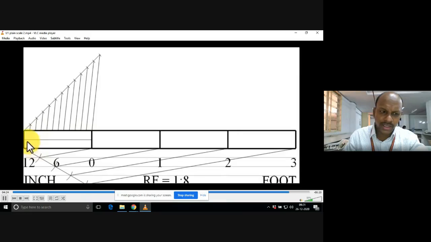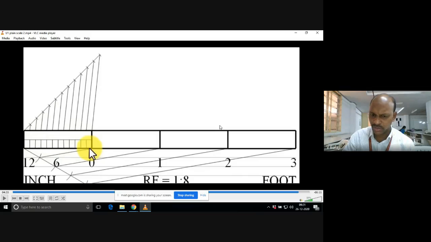So you can name it as 1 inch, 2 inch, like that, from right to left, starting from 0. Okay. Now you can even draw vertical lines like this to represent that each division is 1 inch. Okay. Now, construction of the scale is over, right?